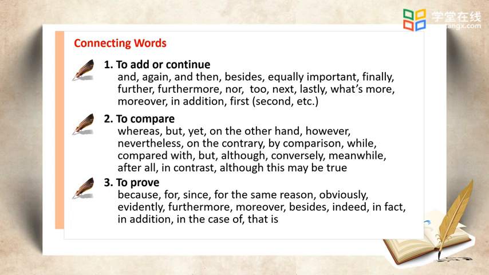For instance, if we want to continue our discussion, we may use transitional words such as moreover or in addition, and so on. If we want to compare two objects, we may use phrases such as by comparison or conversely, and so on. If evidence is needed, we can use signal words such as for the same reason or in the case of, and so on.